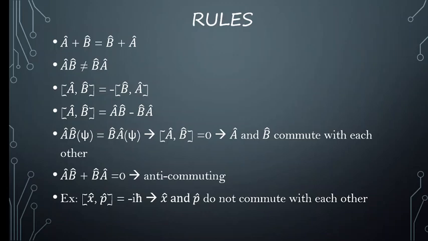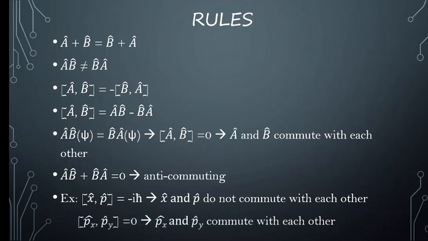So here it is not equal to 0, which means X cap and P cap do not commute with each other. That's why we say position and momentum cannot be measured simultaneously, which is nothing but uncertainty. This is the significance of the commutation law or commutators.